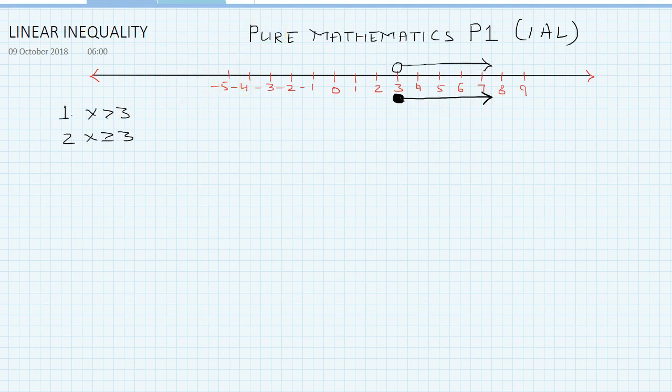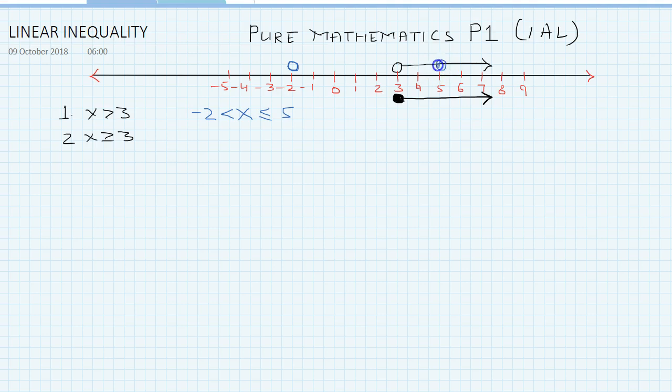Second, if I say x is greater than -2 and less than or equal to 5, this is -2, so x is greater than this and less than or equal to 5.